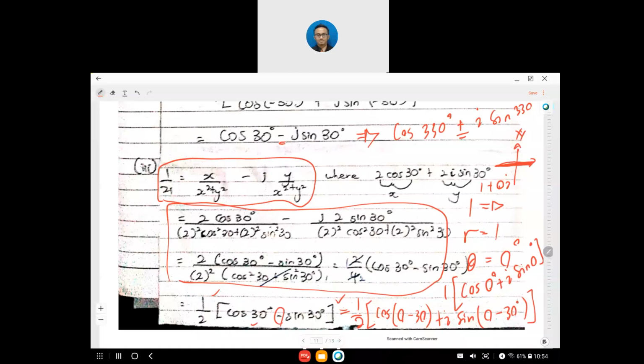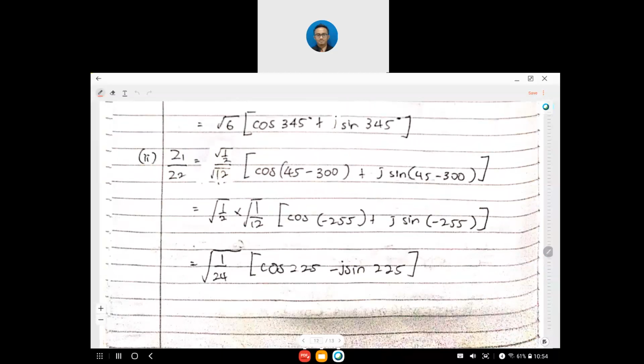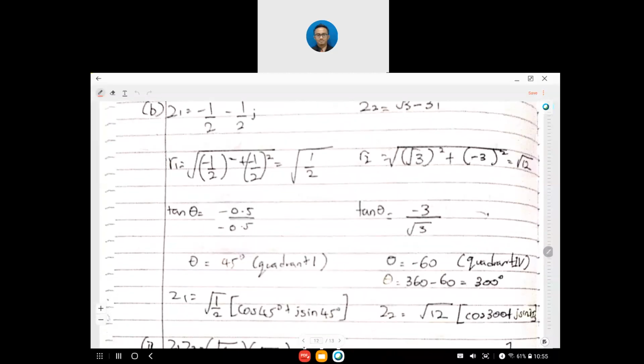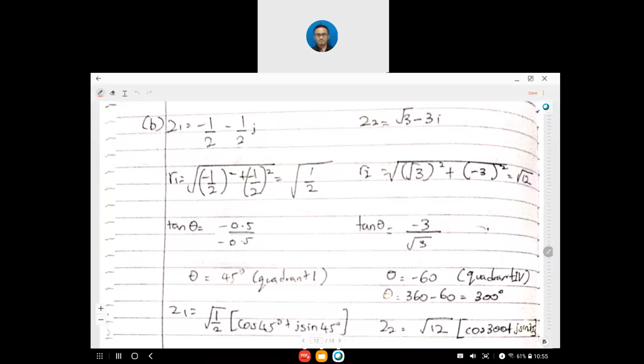Okay. Next, question B. Question B is also the same thing. Change to the complete polar form first. If you look at Z1, it is negative 1 over 2 minus 1 over 2 j. So it will not be in quadrant 1.